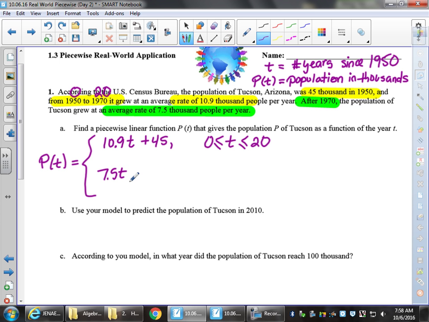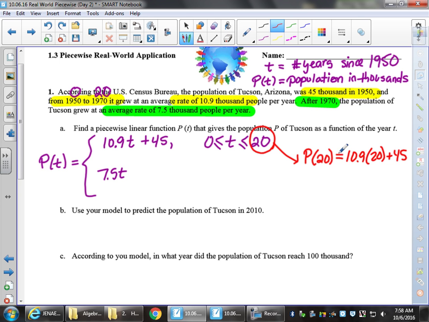How am I going to figure out where the population left off? Substituting 20 for T. So P of 20 is going to equal what? 10.9 times 20 plus 45.